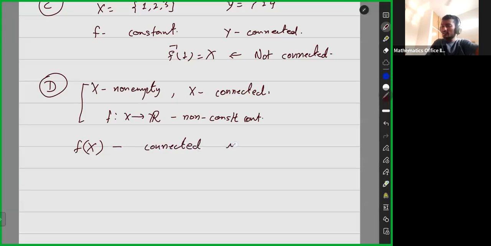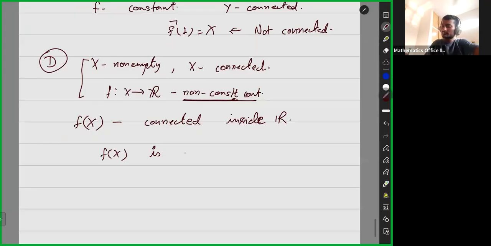And inside real numbers, right? Now, what are the connected subsets of R? They're basically intervals, right? It could have been a singleton, but it is saying that the function is non-constant. This is important. Don't forget that. Okay. So f(X) is an interval, a non-trivial interval. I mean, this is non-singleton type. And intervals are basically uncountable.